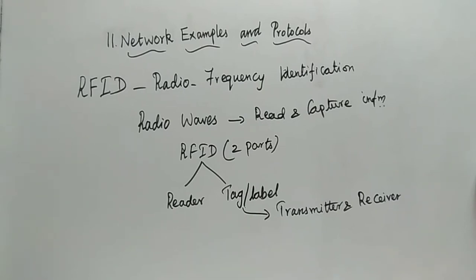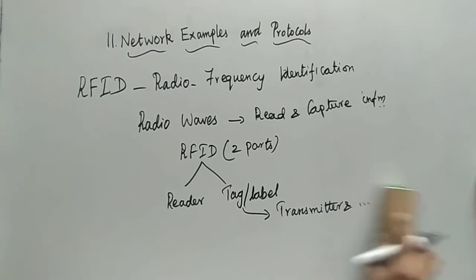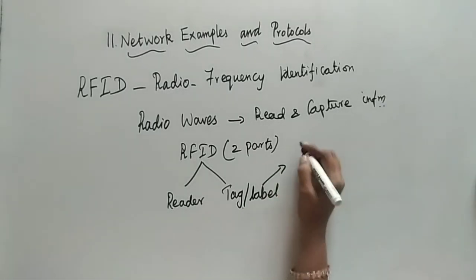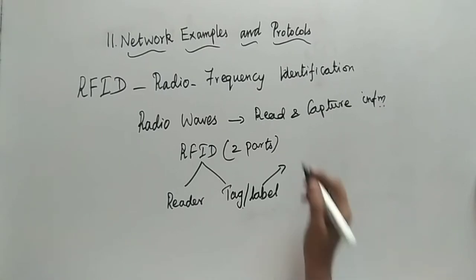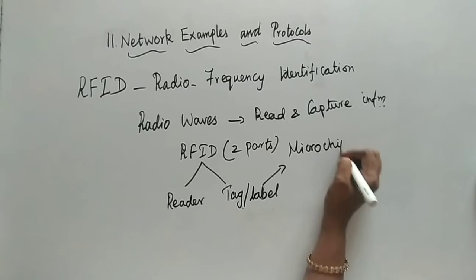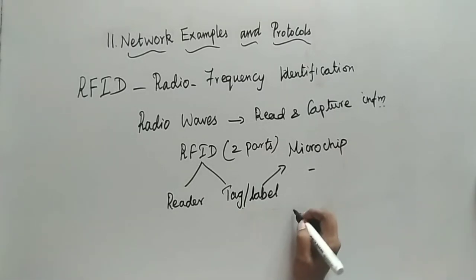The tag is going to have two components. The first one is your microchip, and the next one is your antenna.